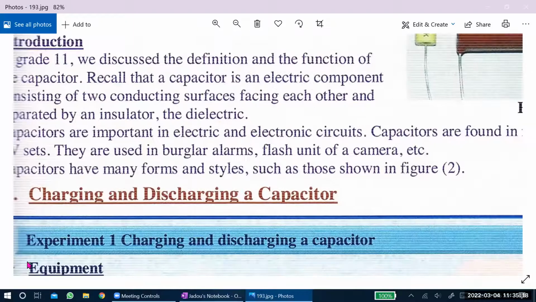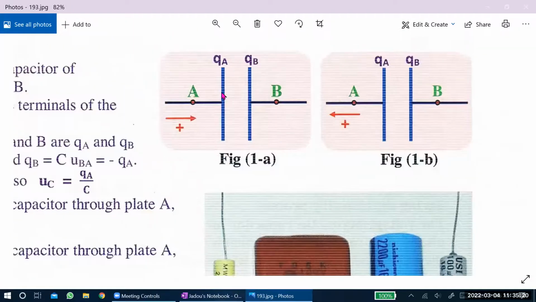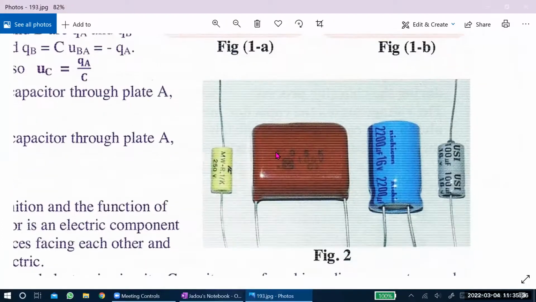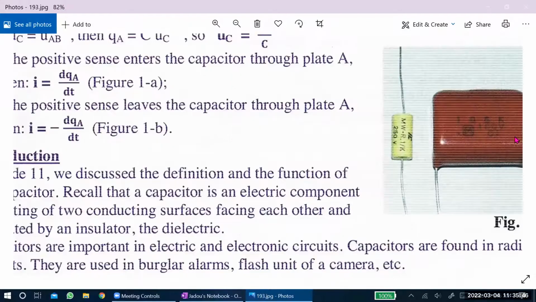So the symbol that we see here represents two metallic conducting spheres or plates, depending on the shape of the capacitor, with some insulator or a material that works like an insulator in between. We have different shapes for capacitors, like the cylindrical or the flat parallel plate capacitors. They function similarly to each other, but the shape is just different.